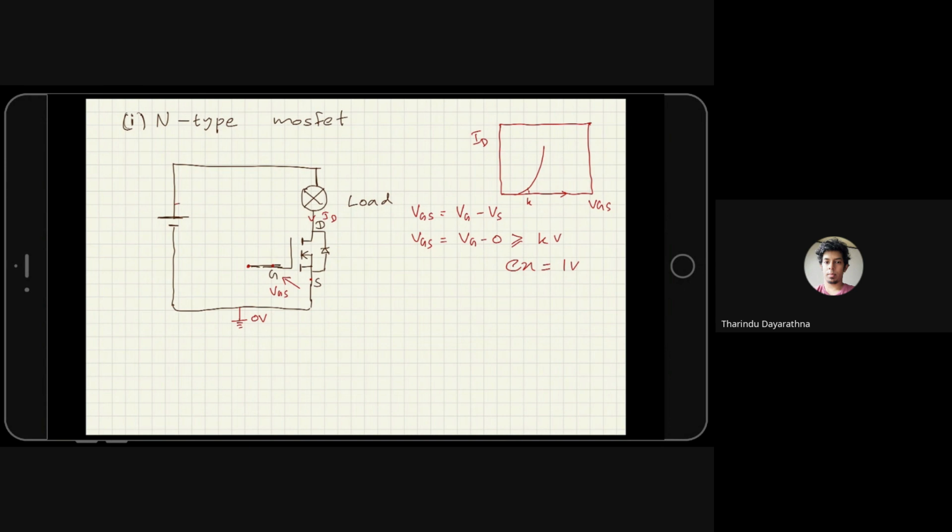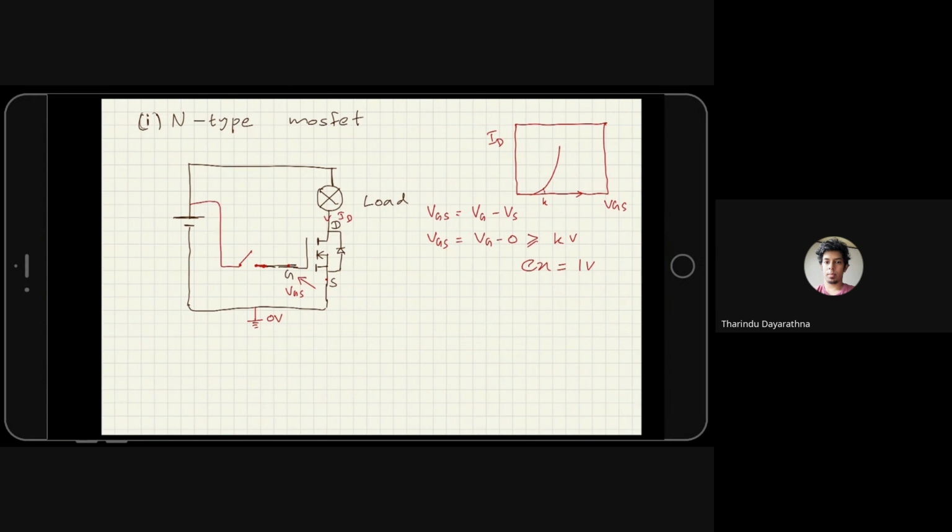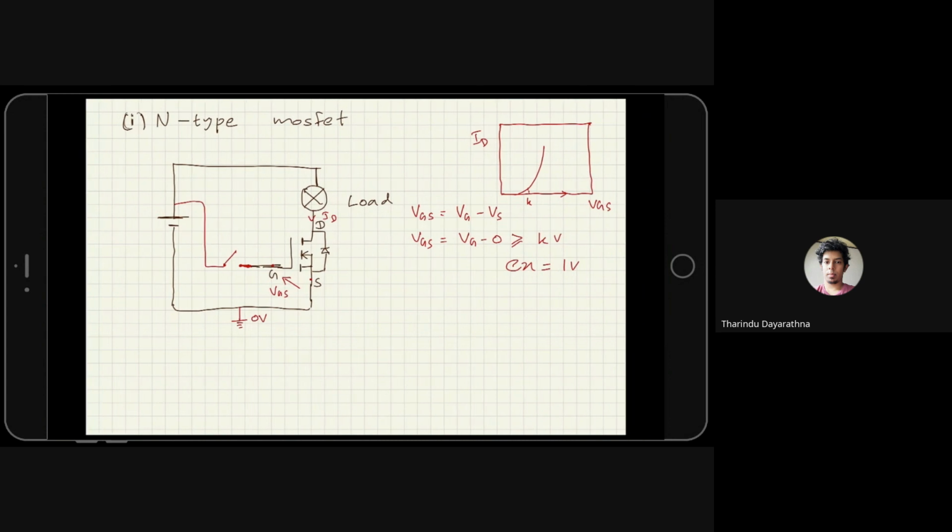Basically, you can take this voltage and do it like this. So it's a toggle switch. If you flip it, if you close it, there will be a current. One more thing you need to remember in a MOSFET, let's say you close the circuit and open it like this.